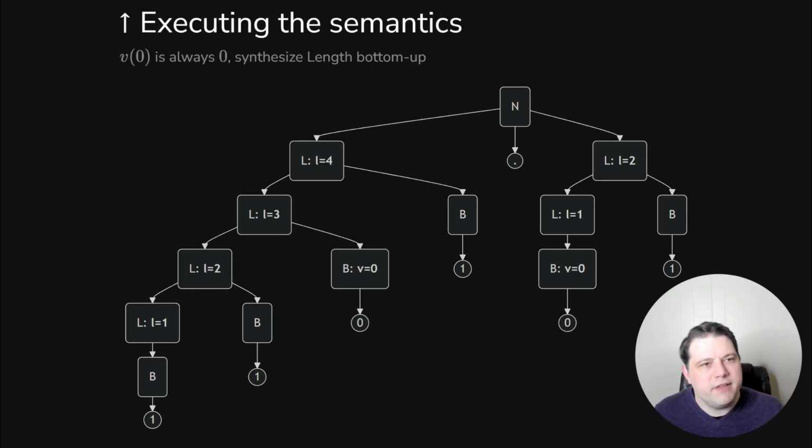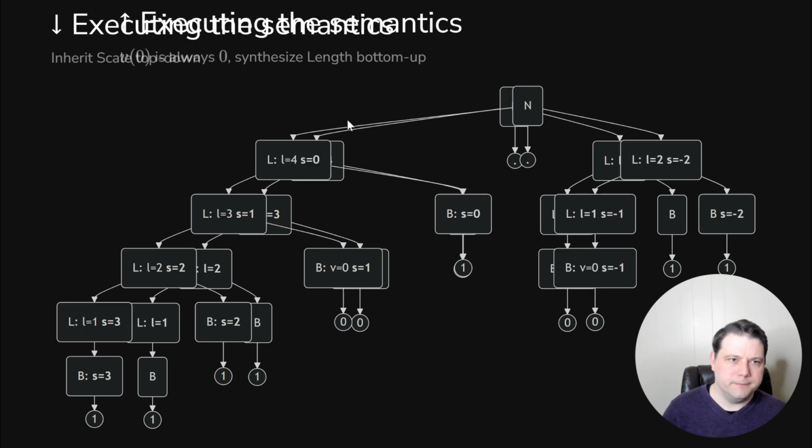We can know that v of 0 is always 0, and we'll assign that, and we will synthesize the length bottom up. So this L is length of 1. This one can calculate based on that, length of 2, and so forth. We have length 1, length 2, length 3, length 4. All right?